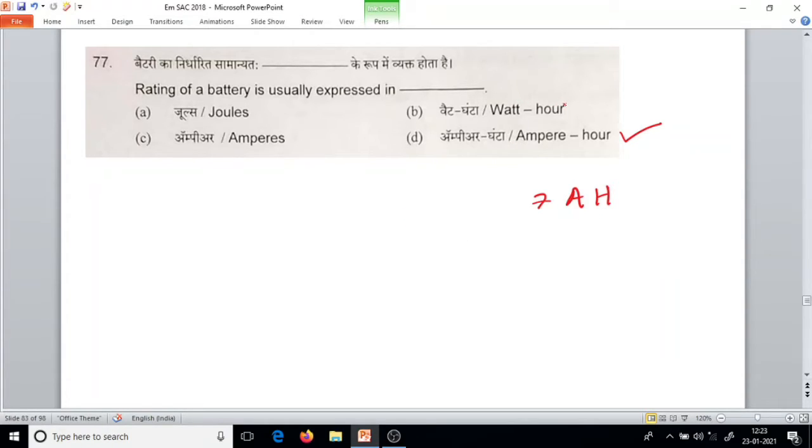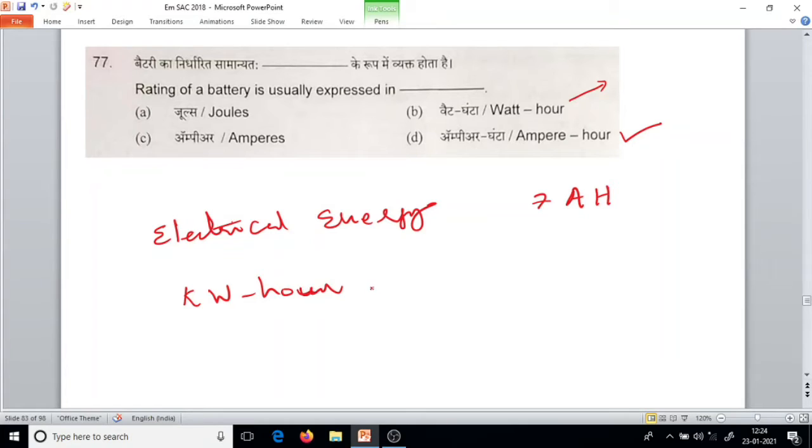For electrical energy, where we use 230 volts at our home, to bill how much energy we have consumed in our home, they use the unit of kilowatt hour.